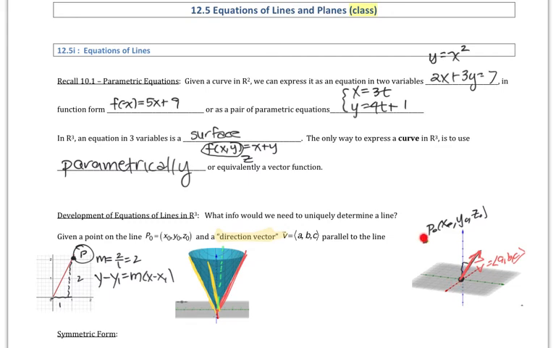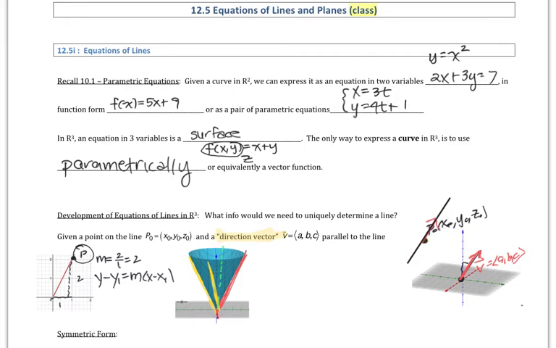So from this point, you have to go parallel to this vector, like so. We're talking about this line that contains that point and is parallel to this vector. We're given a point and a direction vector that uniquely determines the line.